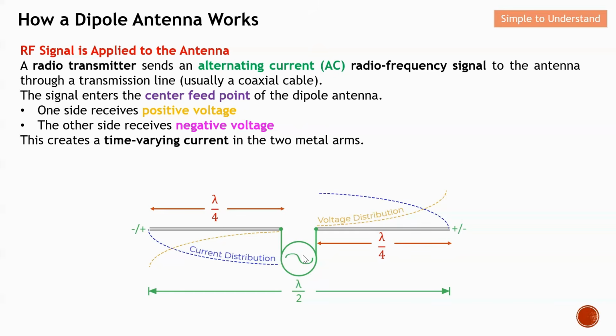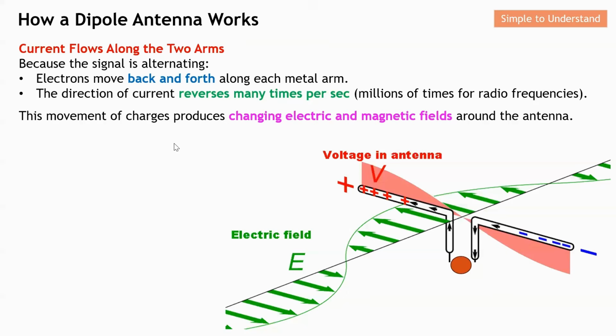Usually, this is a coaxial cable. The signal enters through the center feed point of the dipole antenna. One side will receive the positive voltage, and the other side will receive the negative voltage. This creates a time-varying current in the two metal arms. So this is the first step of how a dipole antenna works.